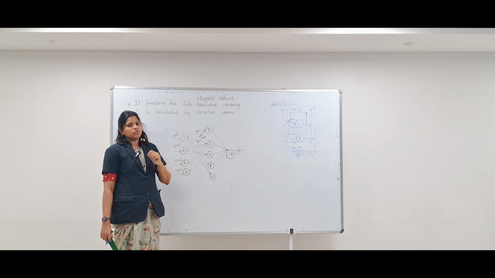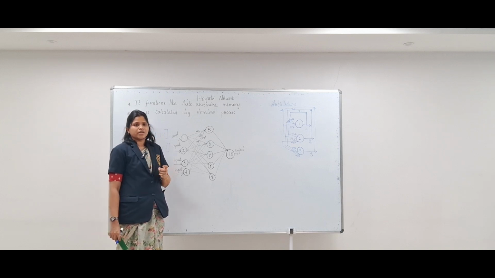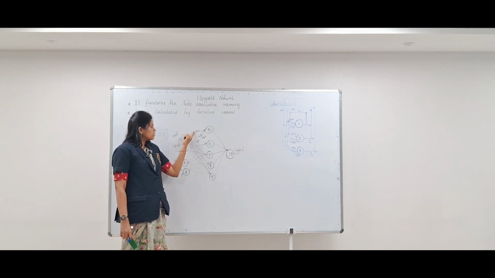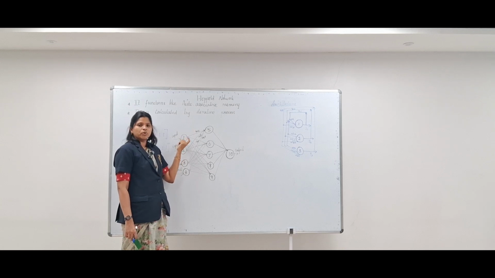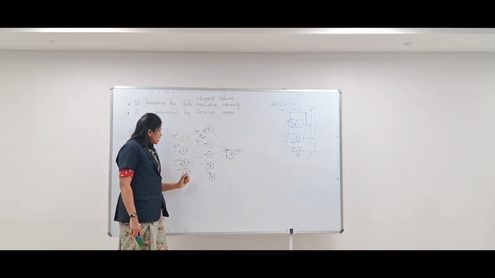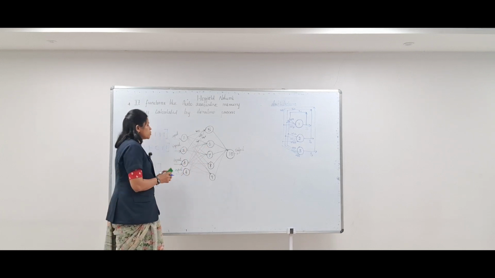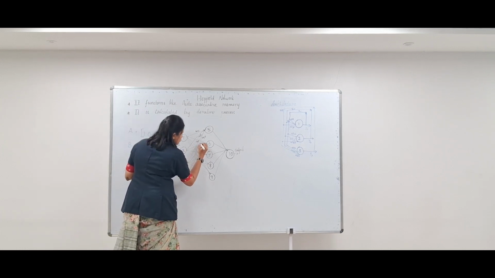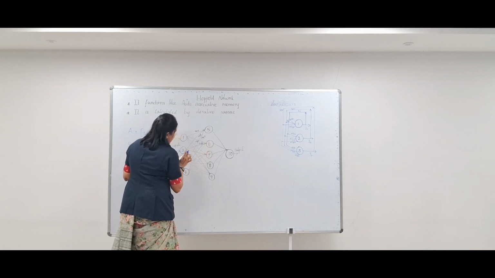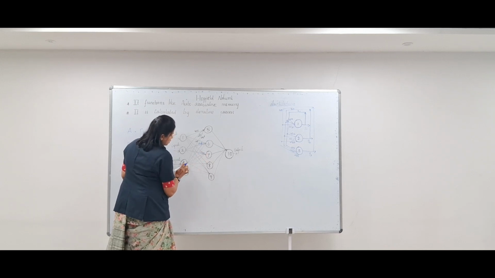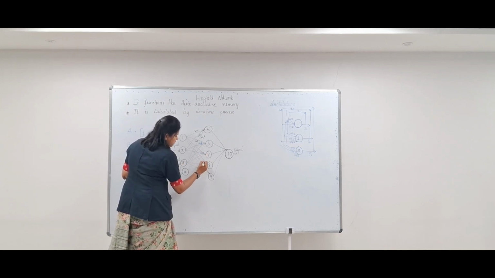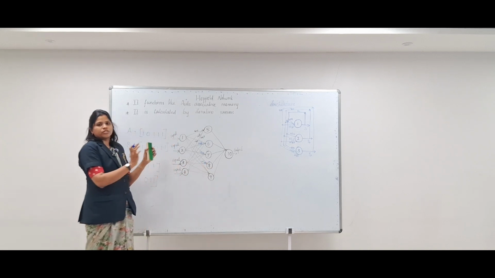They are connected using weights. The weight is the connectivity strength, that's W. W15 is the weight between neurons 1 and 5, W26 is the weight between neurons 2 and 6, W27 is the weight between neurons 2 and 7, and W38 is the weight between neurons 3 and 8. This is the connectivity strength.